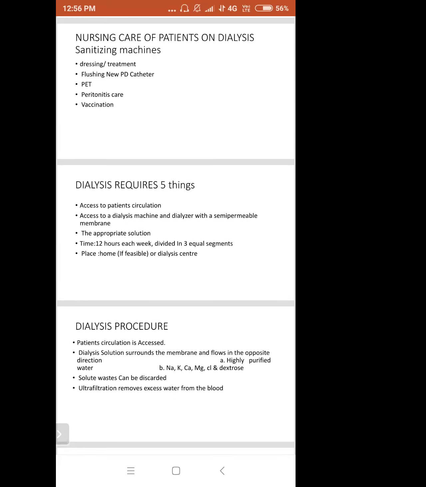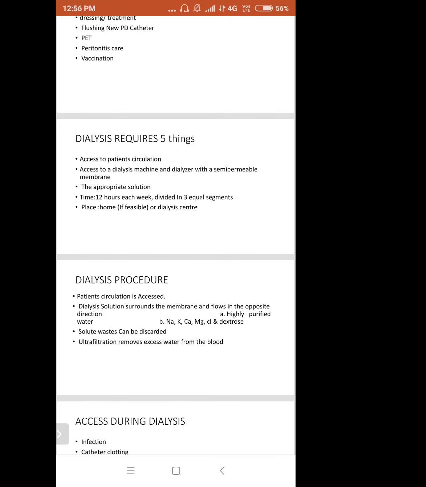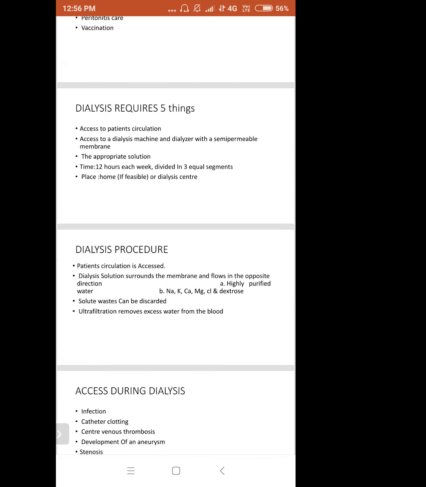Time: 12 hours each week divided in 3 equal segments. Place: home and dialysis center. Dialysis procedure: patient circulation is accessed. Dialysis solution surrounds the membrane and flows in the opposite direction. Number one, highly purified water. Number two is sodium, potassium, calcium, magnesium chloride, and dextrose. Solute waste can be discarded. Ultrafiltration removes excess water from our body.